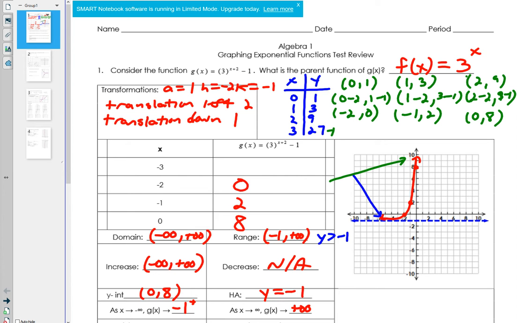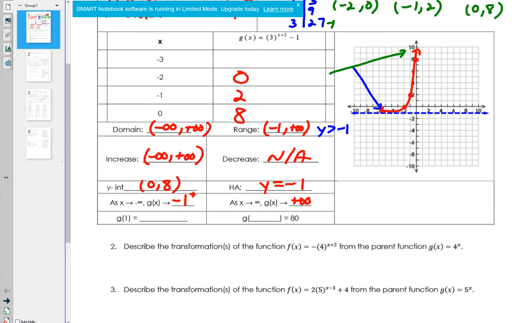So if I were to show the work, g at 1 is equal to 3 to the power of, I'm plugging in a 1 for x, so 1 plus 2, and then minus 1. 1 plus 2 is 3, so 3 to the third minus 1. What's 3 to the third? 27 minus 1 is 26.